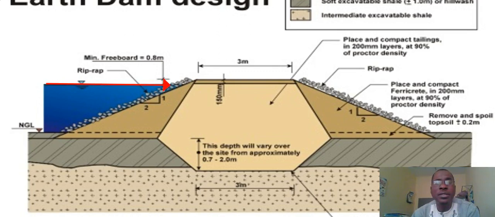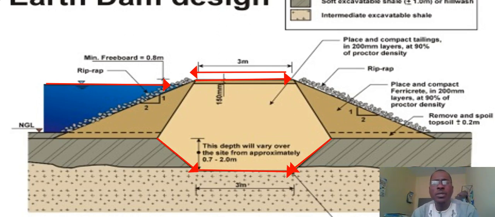The top width should be about 3 meters, so a road can also be constructed on the top width. The depth may vary over the site from approximately 0.7 to 2 meters. This will be the area, the trench, which is excavated towards the core of the dam.